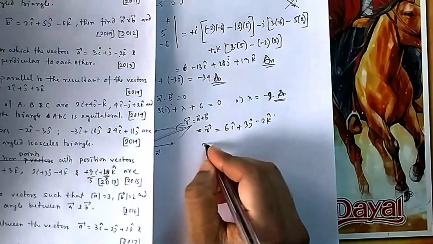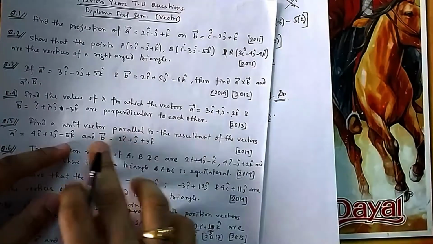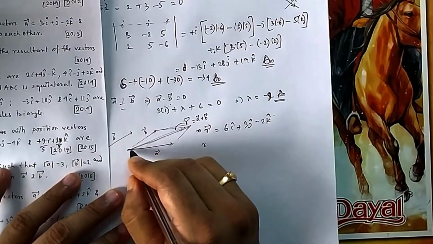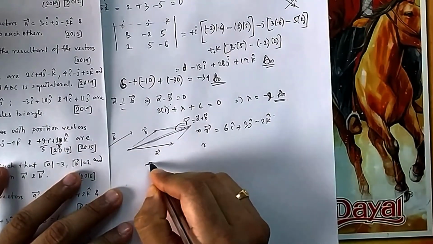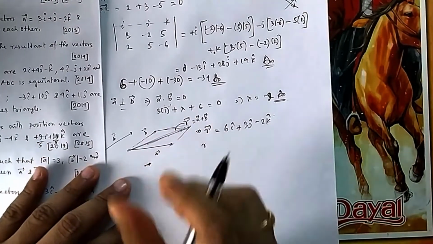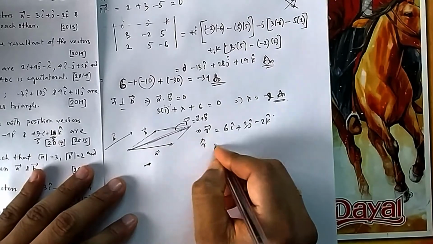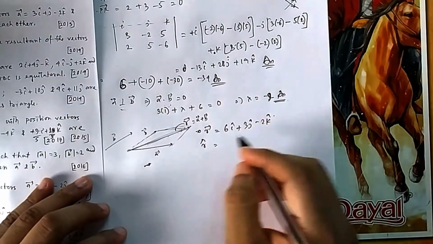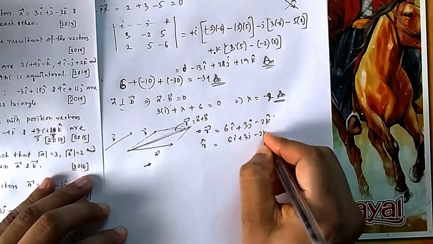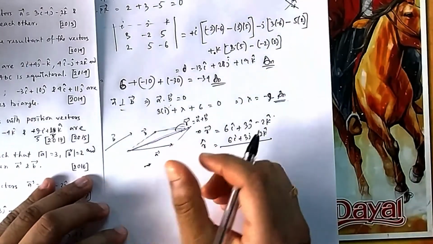Now they have asked for the unit vector parallel to the resultant vector. So this is your resultant vector. Now you have to find a vector which is parallel to this, but it should be unit. So the direction should be the same. Suppose I shift it there, but the magnitude should be 1. So how to find a unit vector in the same direction? You divide by its magnitude. You take out its magnitude from it, then you are left with only direction.